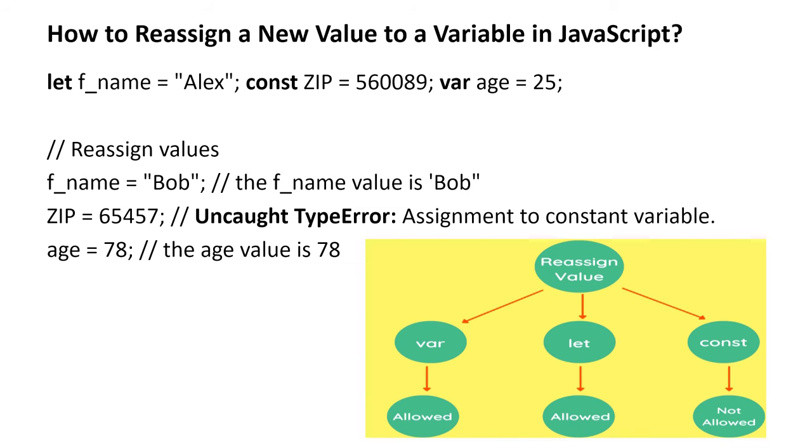Why? Because assignment to a constant variable is not allowed. age returns 75 as an output. So remember this diagram: reassigning a value with var is allowed, reassigning with let is also allowed, but with const it is not allowed.